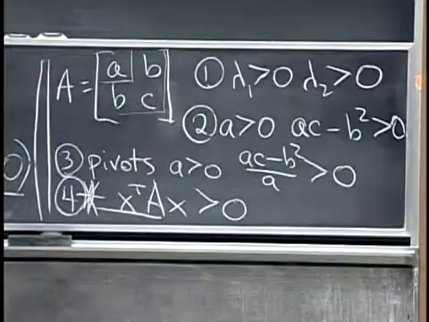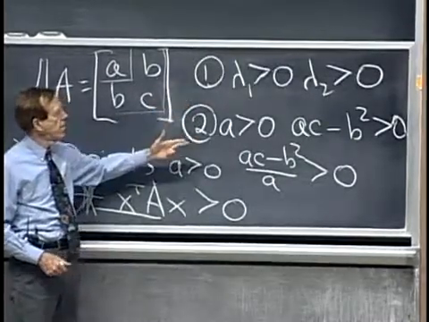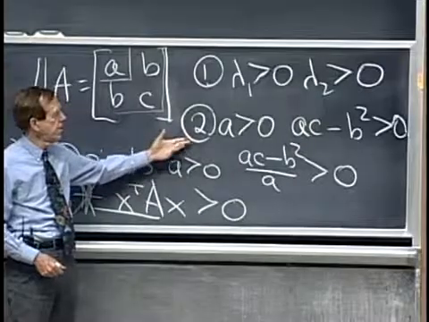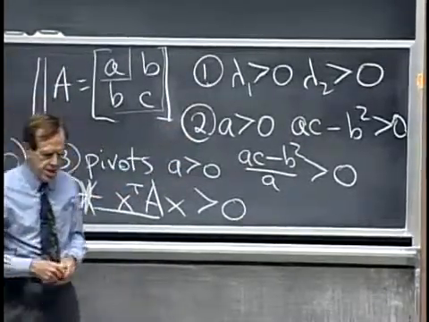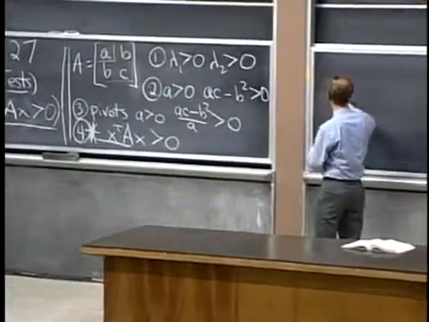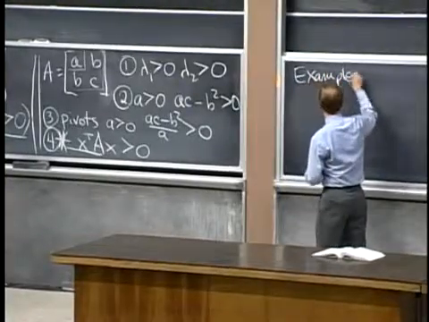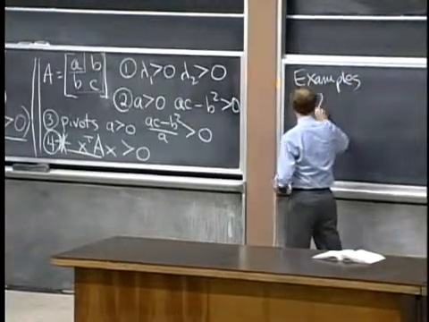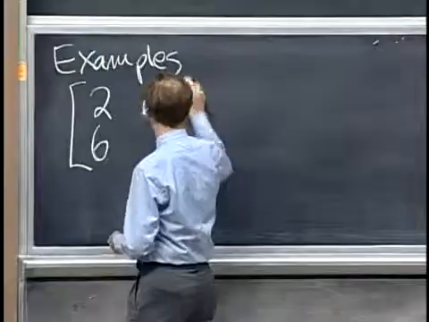Can we just be sure how we know that the eigenvalue test and the determinant test pick out the same matrices? Let's just do a few examples. Let me pick the matrix 2, 6, 6.